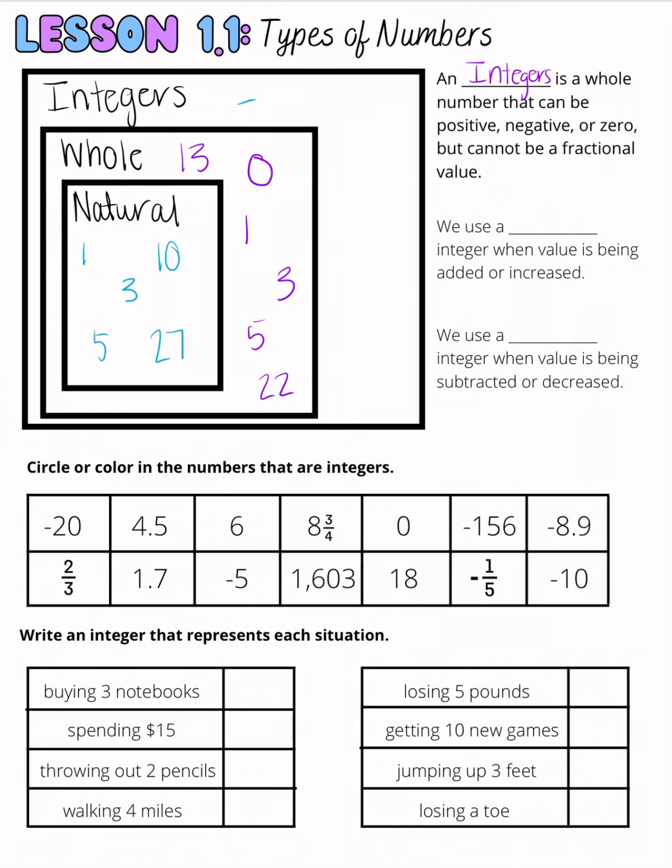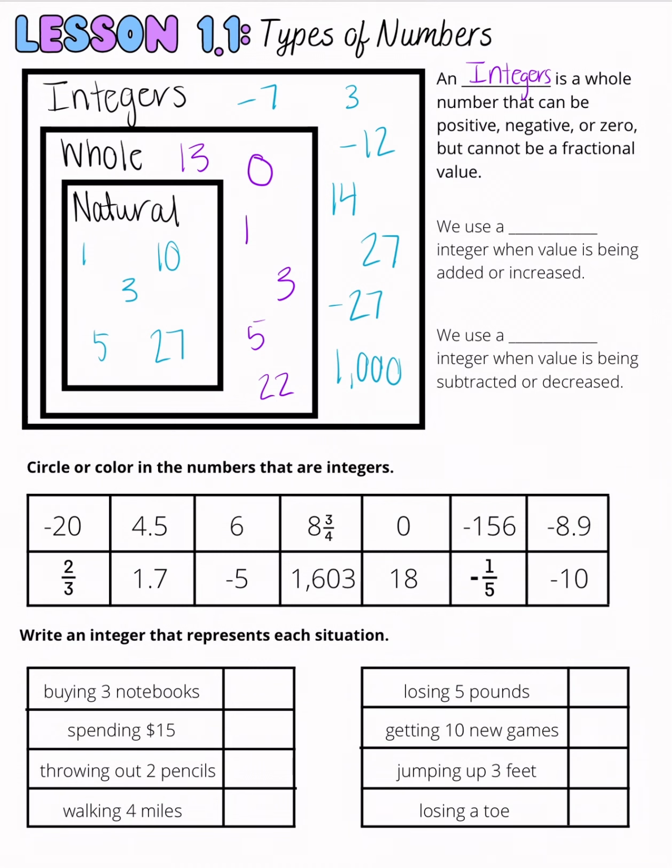So -7 is an integer. -12, 3 is considered an integer. 14, 27, -27, 1,000. The only qualifier it needs to be an integer is that it's a whole number. So it can be positive, it can be negative, it can be 0, but it cannot have a fractional value. If it can't have a fractional value, then that means it can't be a fraction and it can't be a decimal, because decimals are fractions.